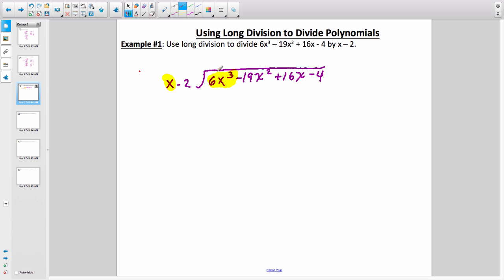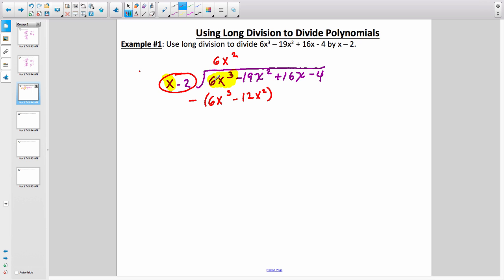I would say 6x squared times. Now let's multiply 6x squared times this guy. So you have 6x cubed, which is what we wanted, minus 12x squared, in parentheses with a subtraction sign on the outside.